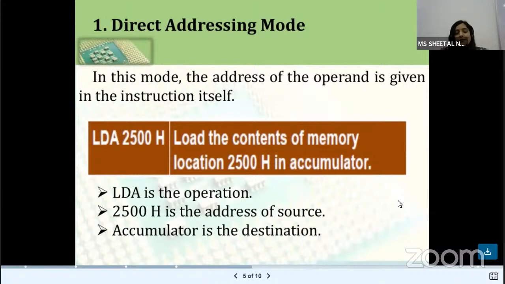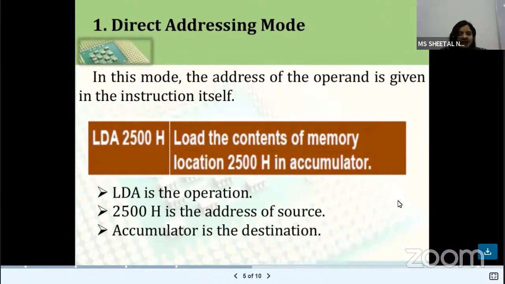Now what will be the ending address for this memory? Sixteen ones means four times FH, because four ones are represented by F in hexadecimal numbers.